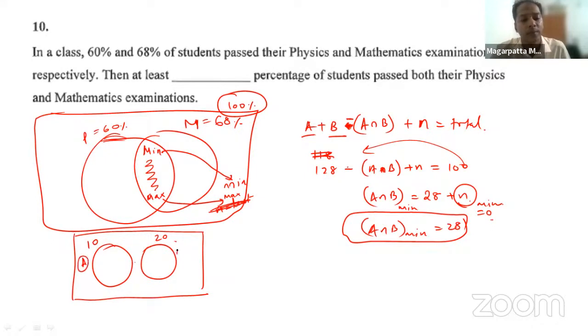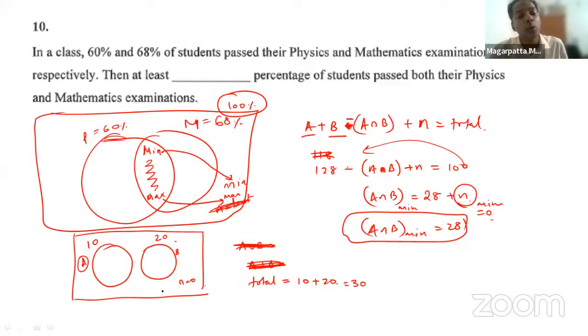Set A and set B. So what is A union B? Suppose n outside is 0 for that matter. The total I'll simply say would be 10 plus 20, which is nothing but 30.